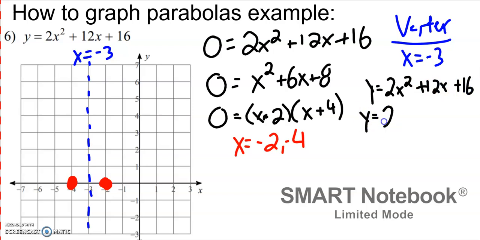I'm just going to fill it all in black first. I'm going to plug in negative 3. So we get y is equal to negative 3 squared is 9, times 2 is 18.